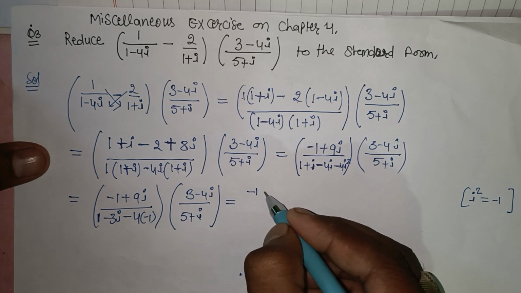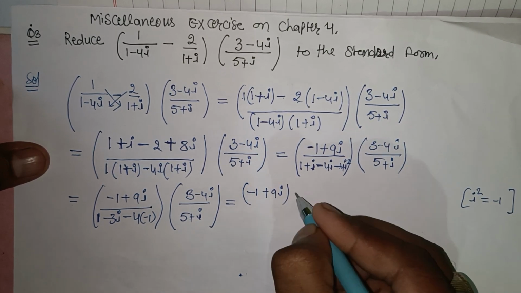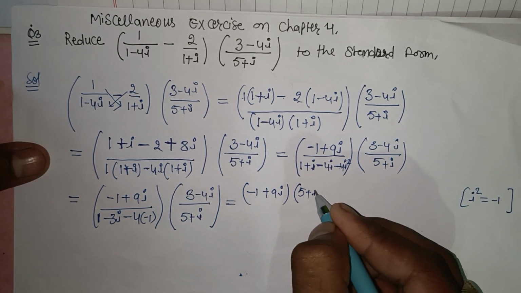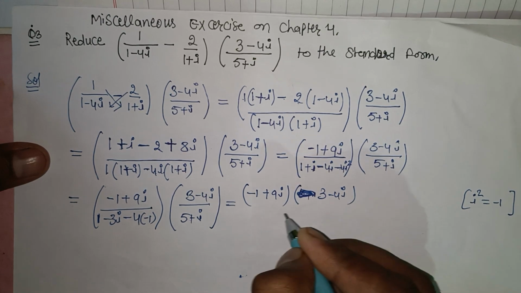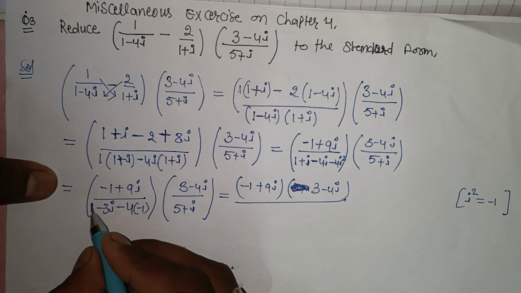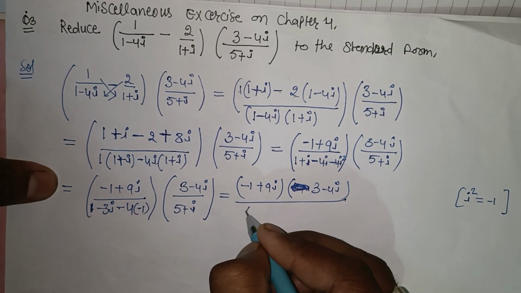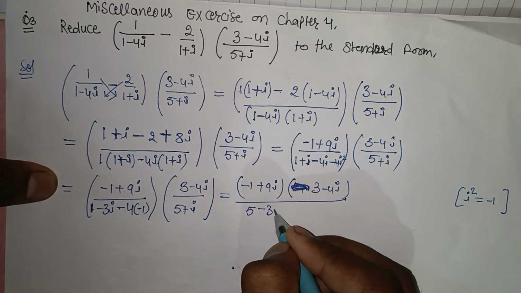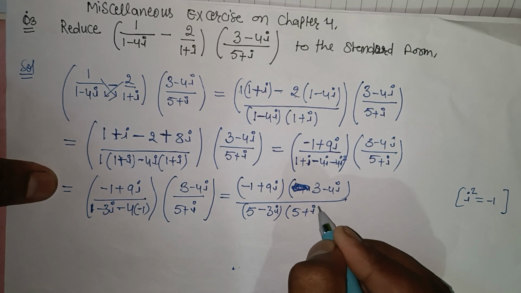Now minus 1 plus 9 iota, we multiply by 3 minus 4 iota, and the denominator becomes 1 plus 4, that is 5, minus 3 iota, which is multiplied by 5 plus iota.